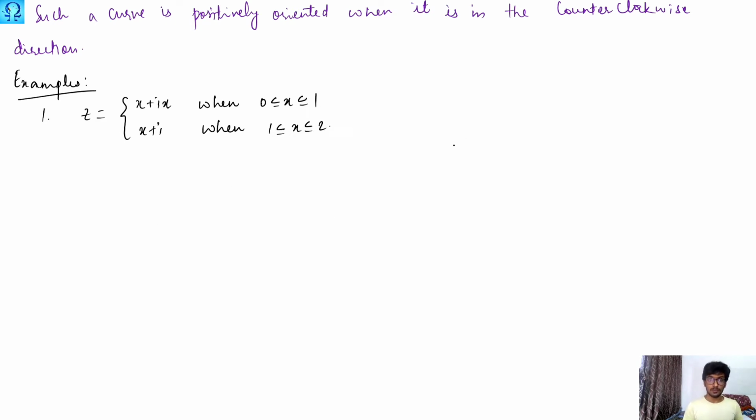Now we'll have to draw this curve and identify whether this is a simple arc or not.